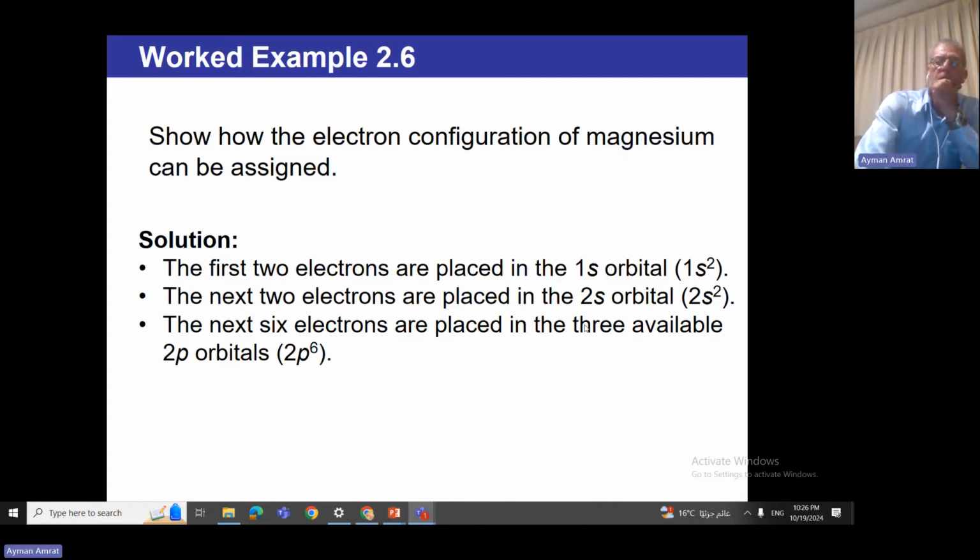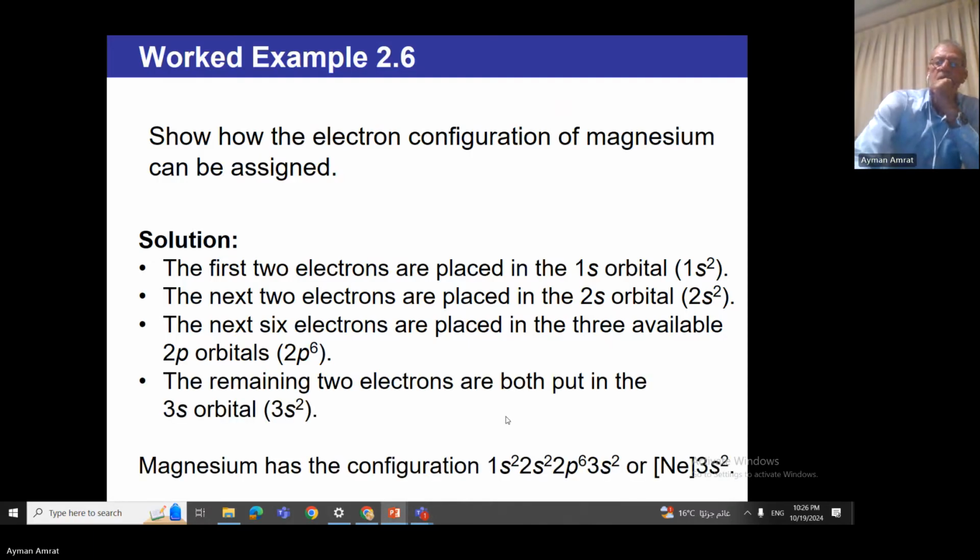So the electron configuration of magnesium is 1s2, 2s2, 2p6, and the third shell should contain 2 electrons. Or with the shorthand model, use neon for 10 electrons, then complete by filling the 2 electrons in 3s2.